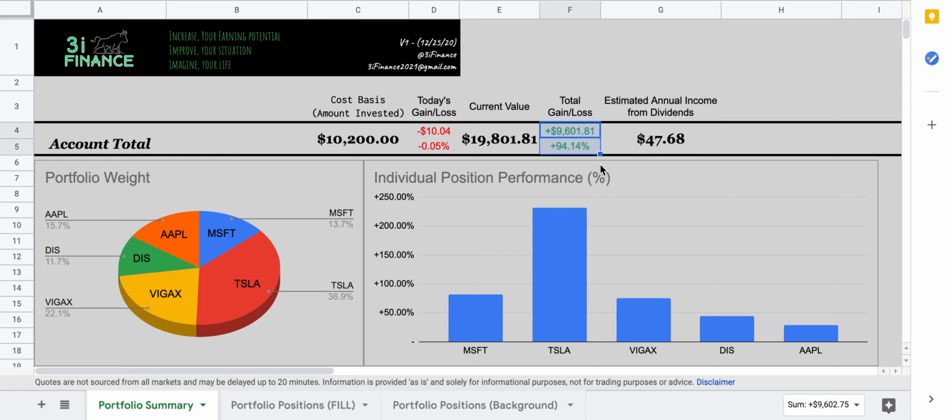And so this is where the real value in updating this spreadsheet can be seen, because this provides you with all of the information that used to be spread out and had to be calculated into one single place, this Portfolio Summary tab. The most exciting bit of information here to me, other than my total returns, would be the estimated annual income from dividends.